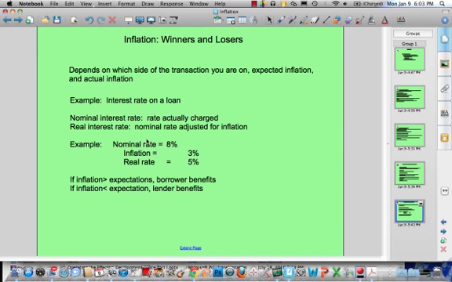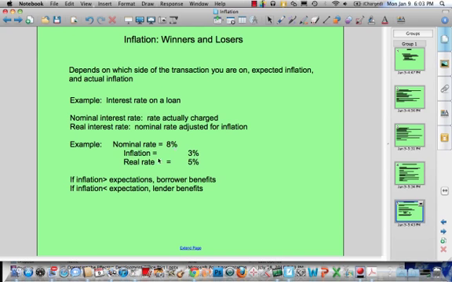The real interest rate is that nominal rate adjusted for inflation. So let's take a look at what that means. Well, in this case of us taking out a loan, the nominal rate is 8%. If inflation is expected to be 3%, then the real rate is 5%. So nominal rate adjusted for inflation takes the interest rate from 8% to 5%.